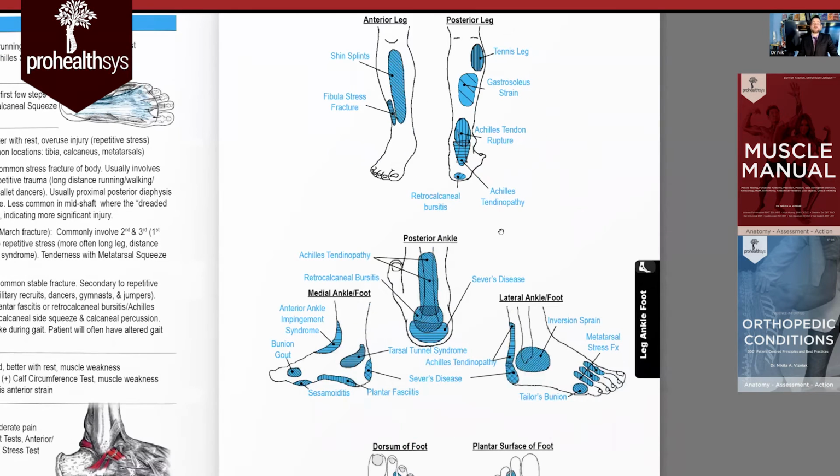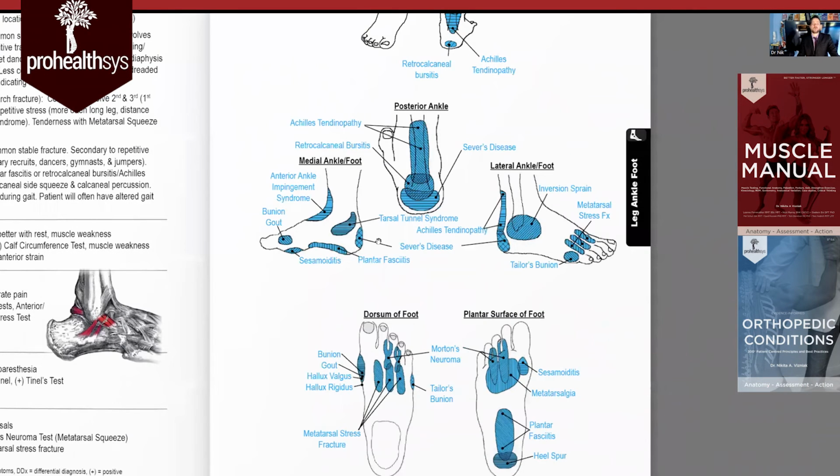You can also see issues around the ankle, like an inversion sprain, or I should have drawn here an eversion sprain around the medial side as well, tarsal tunnel syndrome, Sever's right around that calcaneus itself, plantar fasciitis on the bottom, Tailor's bunion on the lateral side, irregular bunion or hallux valgus on the medial side. Sesamoiditis is a condition that you should be aware of, where you can have pain over the sesamoid bones.